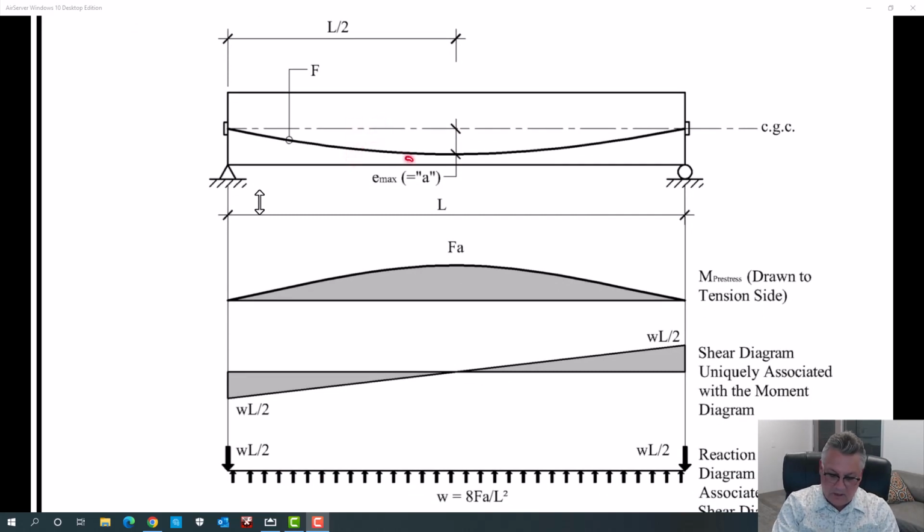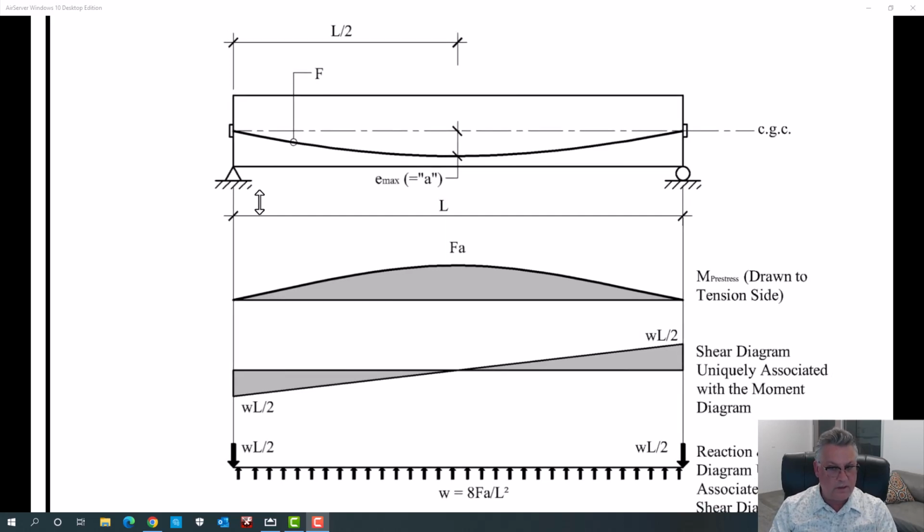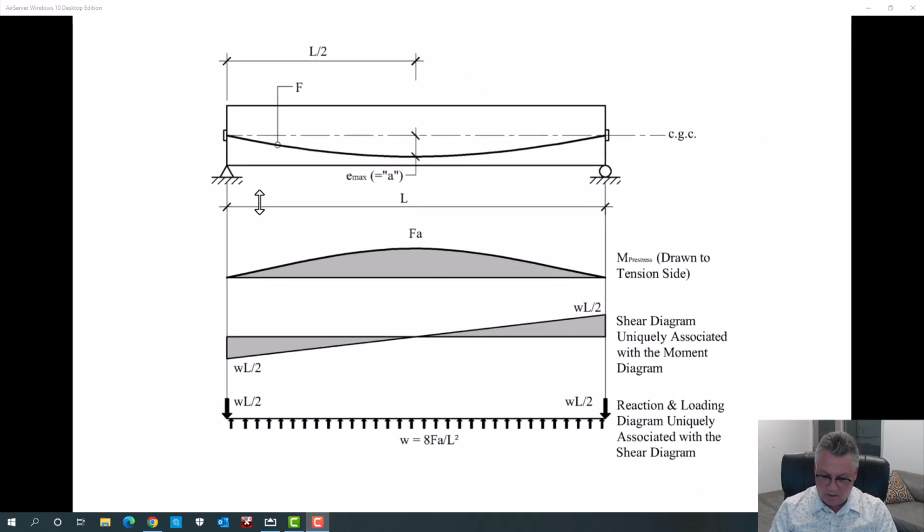And remember, the maximum drape is A. E, there's an infinite number of them throughout the span of the beam. There's one A being the maximum. So it's really, in this particular example, A is the maximum value of E. Not always that way. Don't write that down. Just happens to be the way.